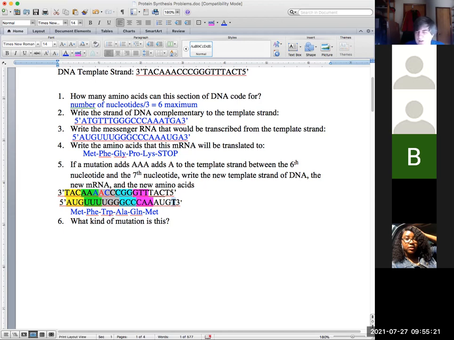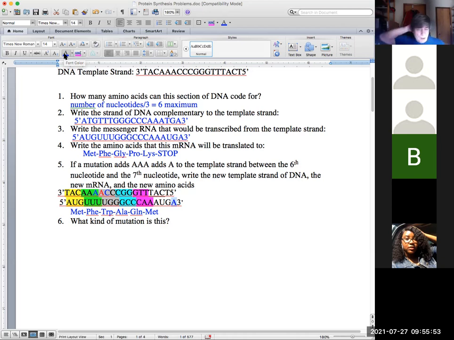Now notice we've got a T left over here at the end, except that T should be an A. I didn't convert it. So what happens? Well, notice here we hit a stop. So our protein was done. Here we haven't hit a stop yet. So we'll talk later, but what's going to happen with this A is the ribosome is going to keep reading 3 letters at a time until it hits a stop or until it runs out of messenger RNA.